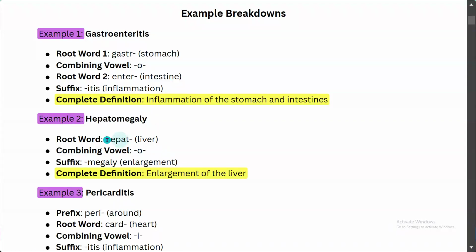Like the same thing, hepatomegaly. Here the root word is hepat, the combining vowel is o, the suffix is megaly, that means enlargement.